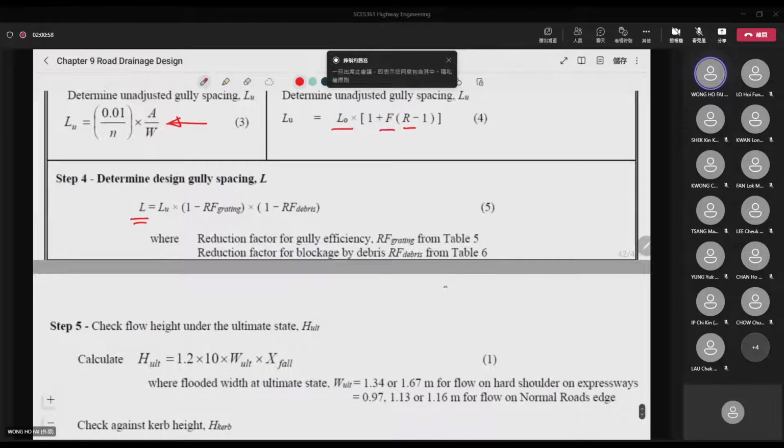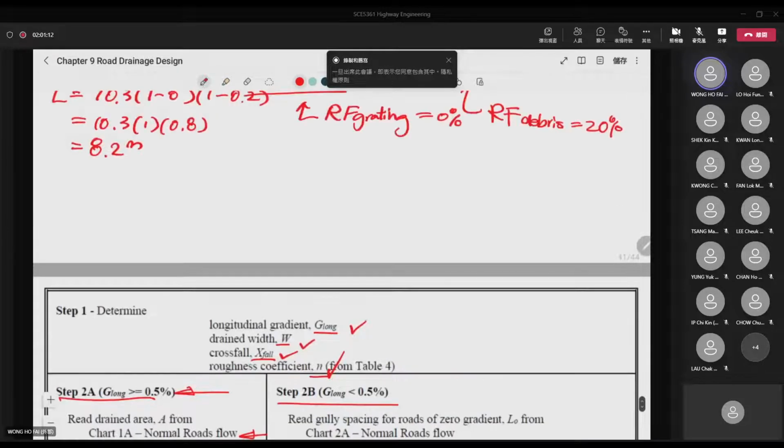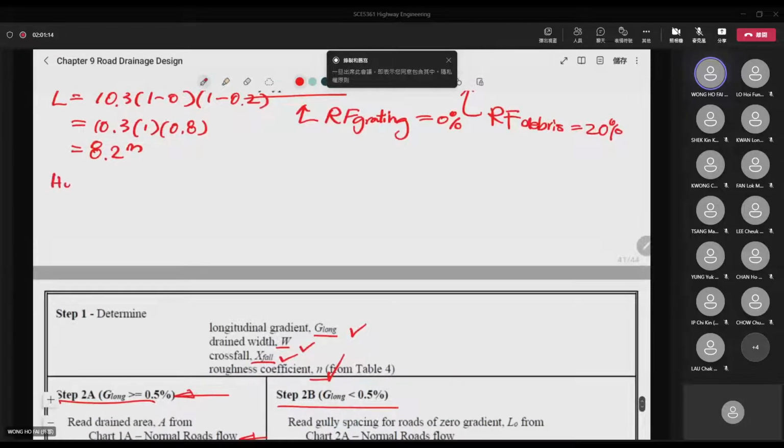Then finally, I need to check for the ultimate or the flow height of the row. It is equal to 1.2 and then times 10 and then times cos 4.